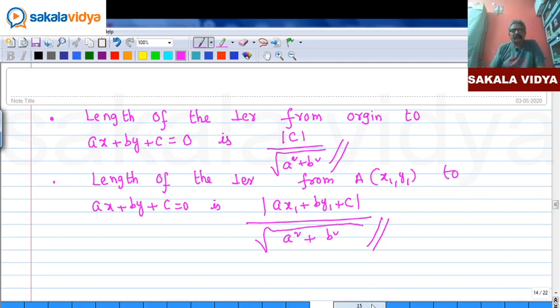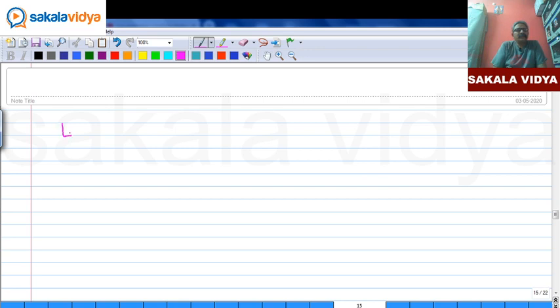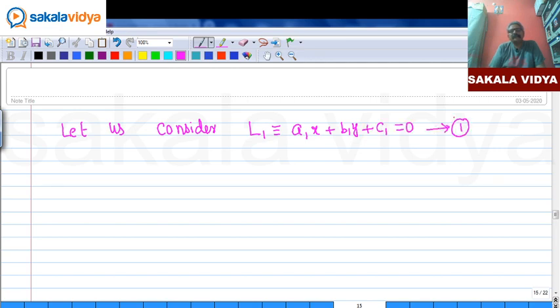For example, let us consider two lines, say L1: A1x plus B1y plus C1 is equal to 0, say equation 1, and L2: A2x plus B2y plus C2 equals 0, say equation 2.